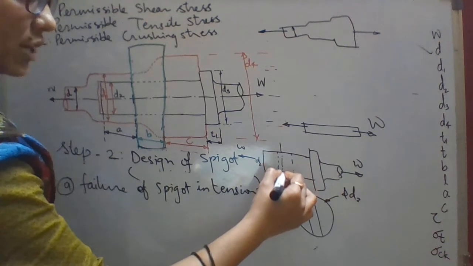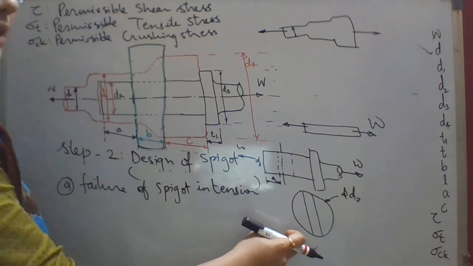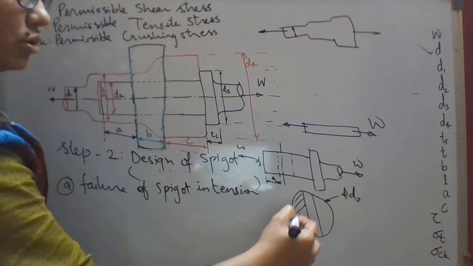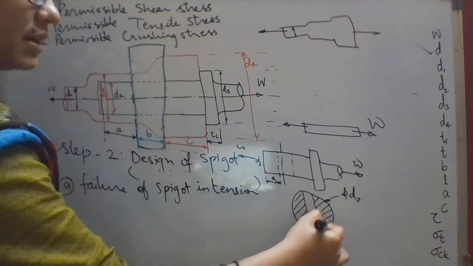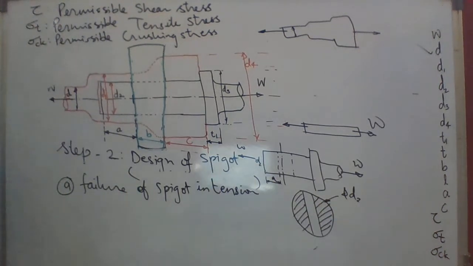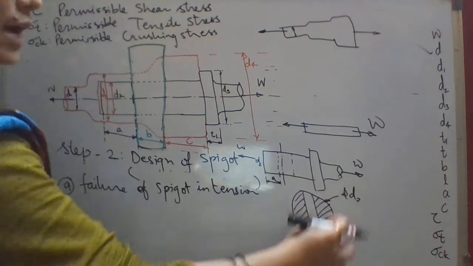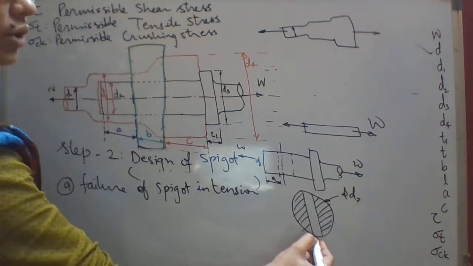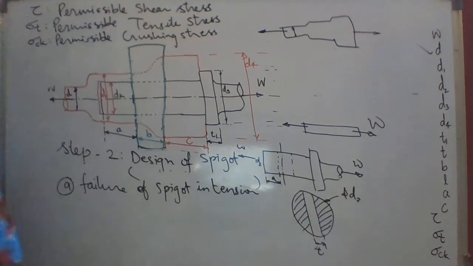I'll show you the section plane. This is the section plane. I have drawn its cross sectional area here. So the area under hatching is the cross sectional area which will be under maximum tension for the spigot. So this outer diameter is small letter d2, and this will obviously be the thickness of the cotter.